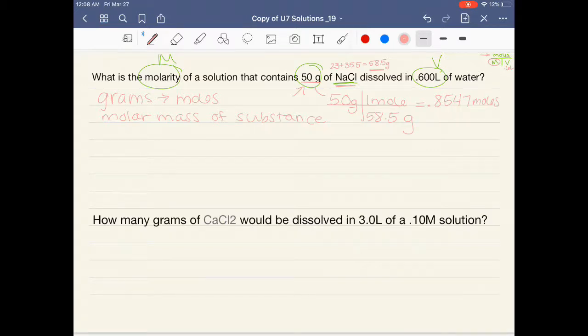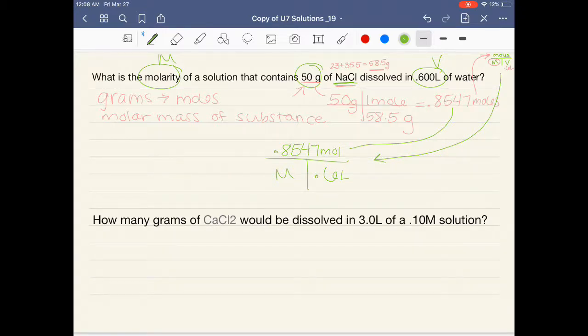All right, so now I can use this moles and plug it into my triangle so that I can solve for molarity. All right, so let me switch the color here so we can see it better. So now I can take this amount of moles and I'm going to plug it in up top in that triangle, 0.8547 moles over my 0.6 liters is going to give me my molarity. This is the same exact triangle that I drew up there in that top right so that you can see it a little clearer and a little bigger.